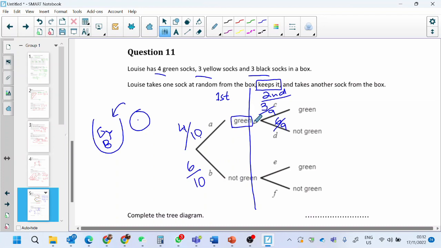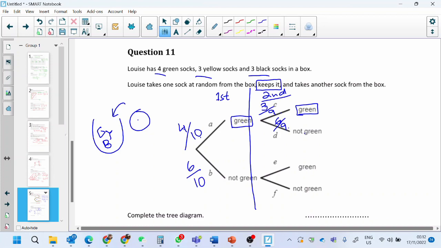So if we assume that in the first attempt he gets a green one, then in the second attempt the probability of again getting green is 3 out of 9, because one green he already got here, he did not put it back. So 3 out of 9, and probability of not green is 6 out of 9.